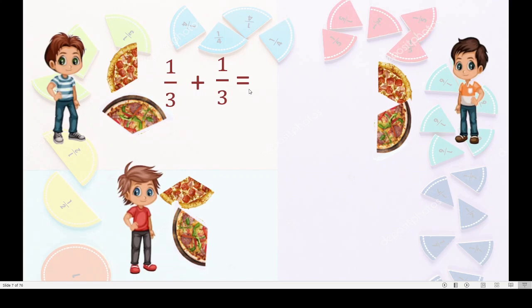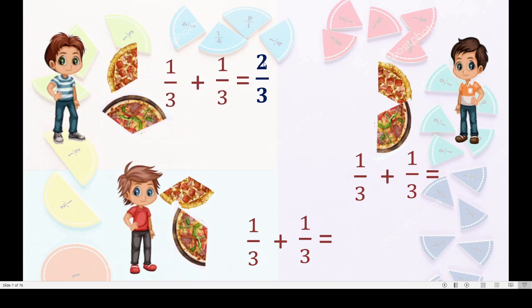You know the answer. What is the total portion he got? 2 upon 3, isn't it? Same in case of both the children. Here also see 2 upon 3. This boy also got 2 upon 3 portion and this boy also got 2 upon 3. Right? All 3 are happy now because they got equal shares of both the pizzas.